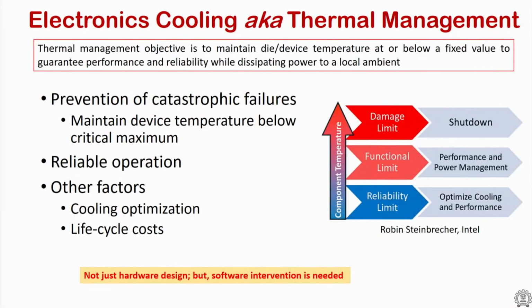So in order to provide reliable operation, we need to ensure that the temperature does not exceed a certain level. The other factors that are typically involved are cooling optimization and life cycle costs. The picture on the right hand side shows how thermal management is typically done in these devices.